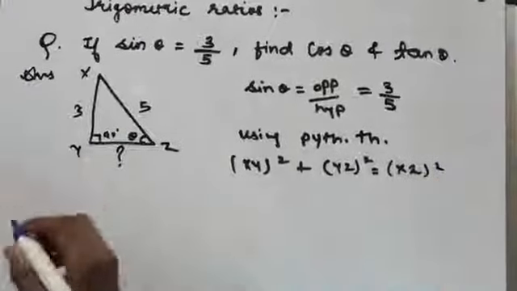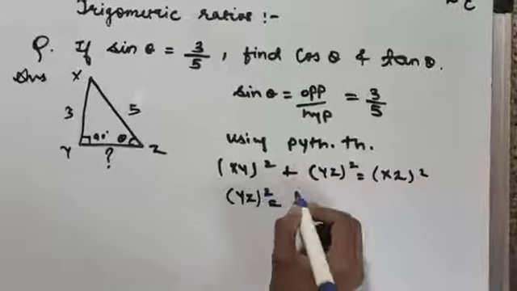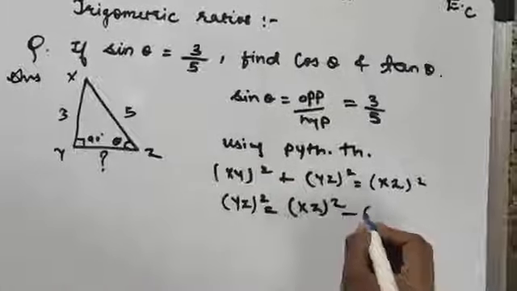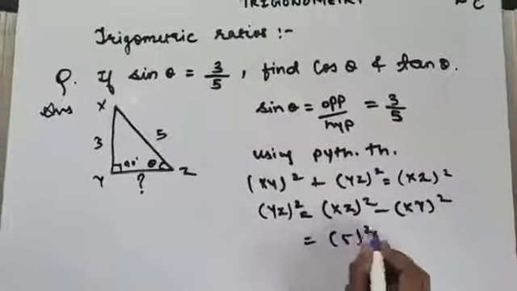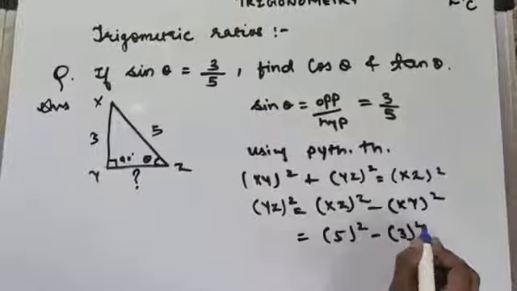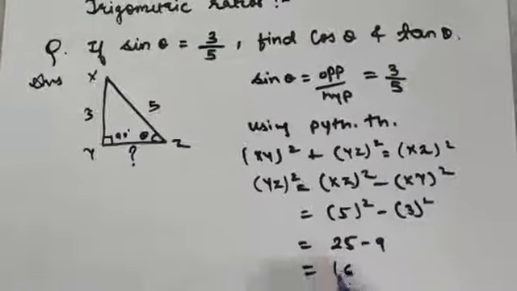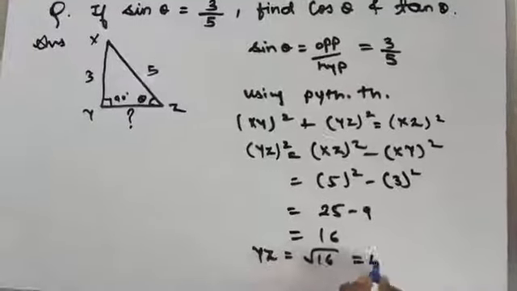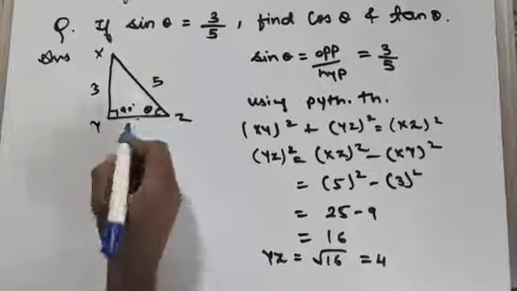Okay, so here we have to find YZ square, which is nothing but XZ square minus XY square. XZ square is nothing but 5 square, and XY square is square of 3. So it is 25 minus 9, which will be equal to 16. So YZ will be root 16 is equal to 4. So we have found the measure of side YZ, which is 4.